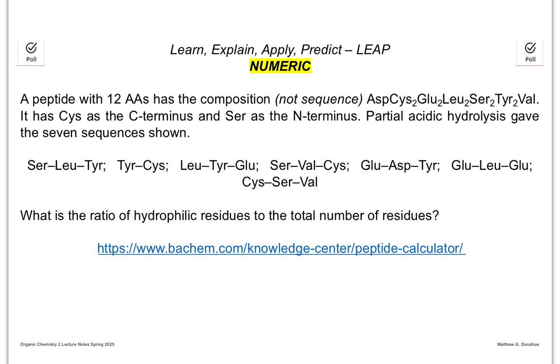And then what is the ratio of the hydrophilic residues to the total number of residues? So hydro, again, is water. Philic means loving. So how many water-loving residues to the total number of residues? And as you look at structures from the organic perspective, the side chains are what are going to determine these properties ultimately.